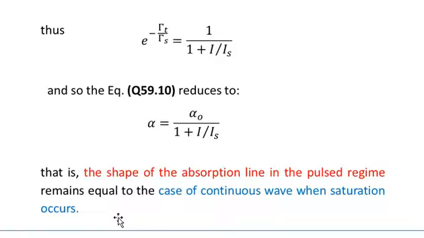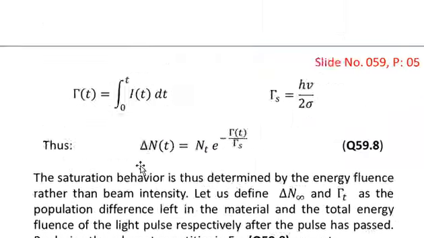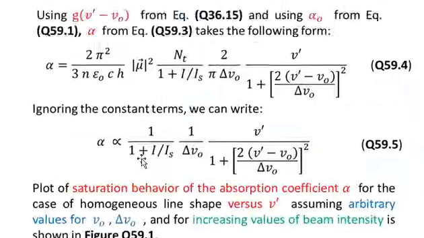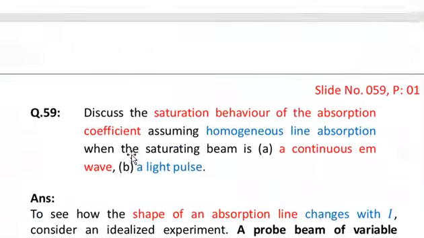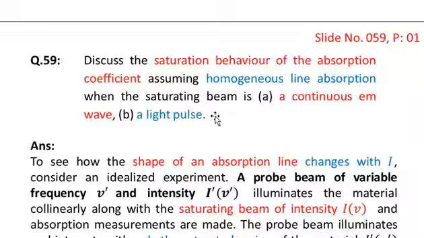So we have discussed all the queries made in the question. We have explained the saturation behavior of the absorption coefficient for the case of the continuous electromagnetic wave and for the case of the pulsed light.